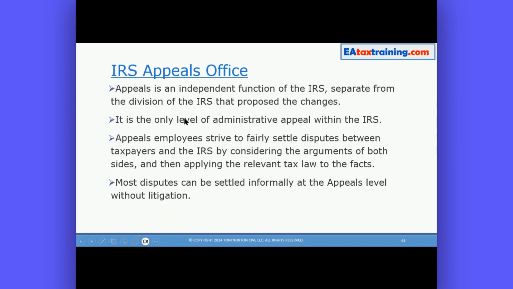That's your next step. Appeals employees strive to fairly settle disputes between taxpayers and the IRS, and they consider the arguments on both sides, and then they apply the relevant law to the facts. Now, it's easy to be cynical and skeptical of this, but usually the appeals employees are really trying to be fair.